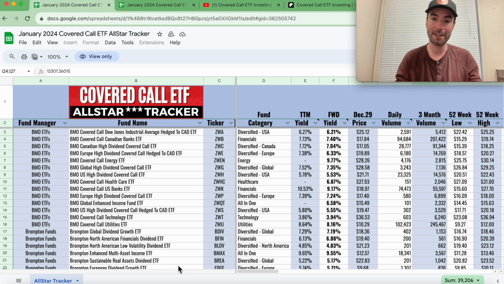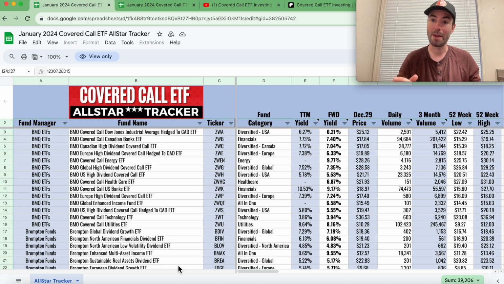So what we're going to do today is actually use that tool. I'm going to show you guys how to use it in a real life example. We're going to take a look at all-in-one funds and compare their performance versus sector CoveredCall ETFs.